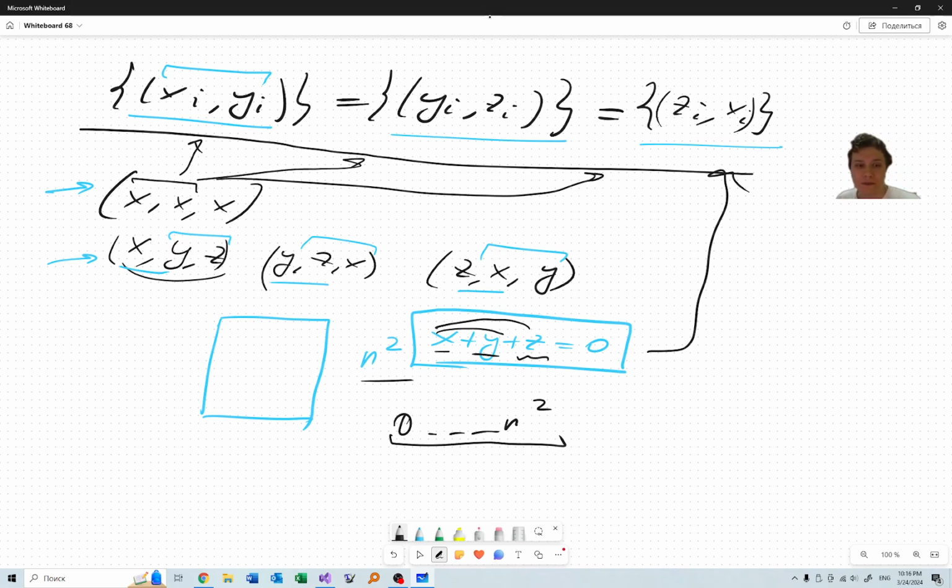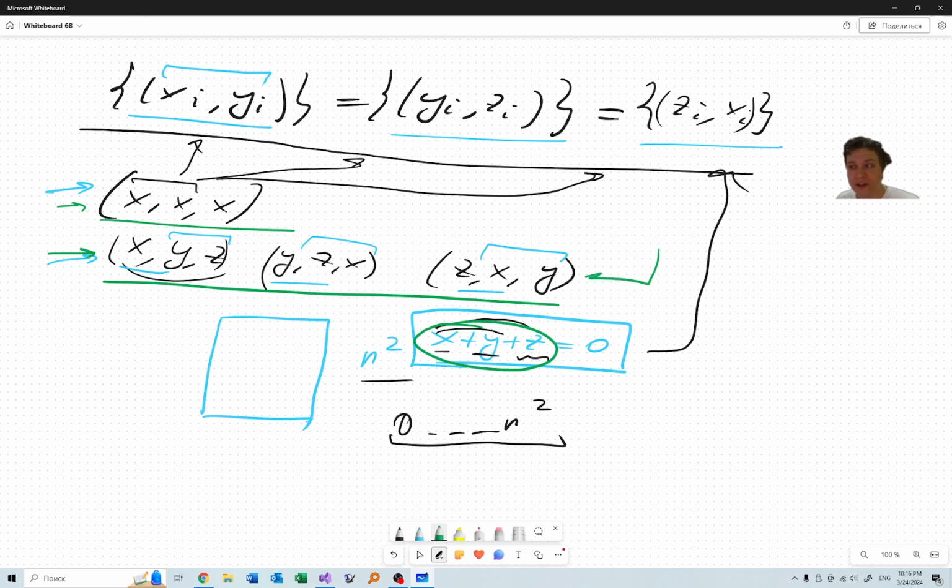So actually, you can see that this set can be represented as several such triples and several such triples.